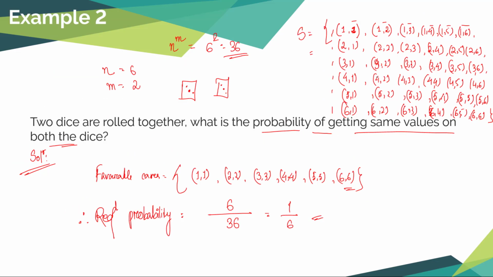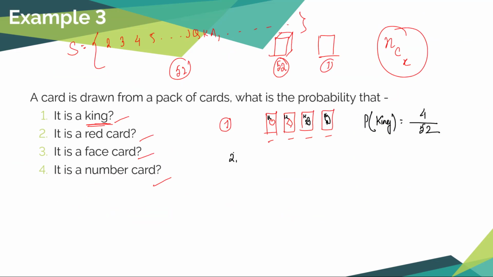So for number 2, the probability of red cards is equal to 26 divided by 52, right? Because there are 26 red cards and the total number of cards is 52.